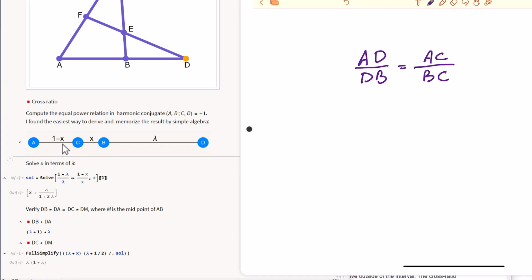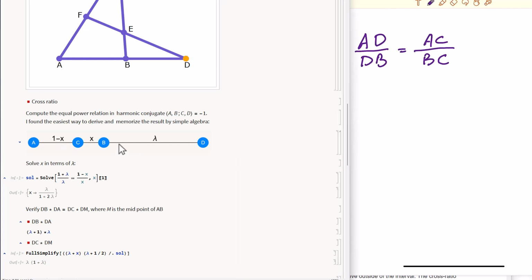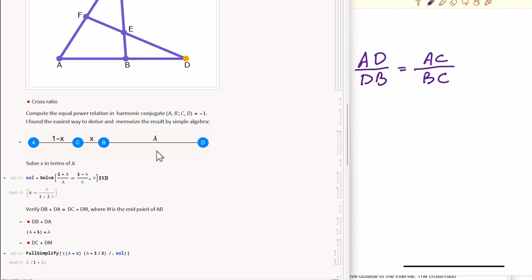And C is somewhere between A and B. So for C, I can choose the distance between C and B to be x, and then the distance AC is just 1 minus x. The cross ratio simply says that if BD is a given number, lambda, a known lambda, I can solve for this x in terms of the length of AB and the length of BD.